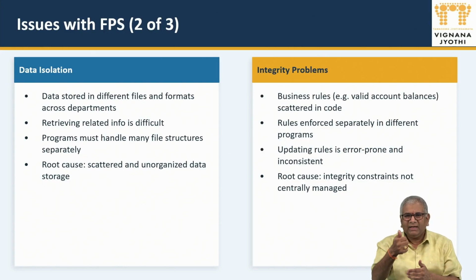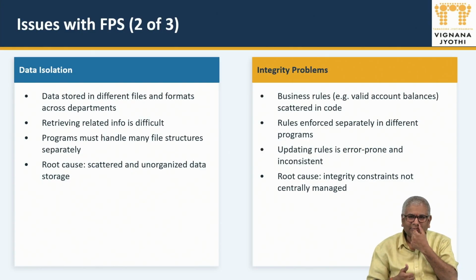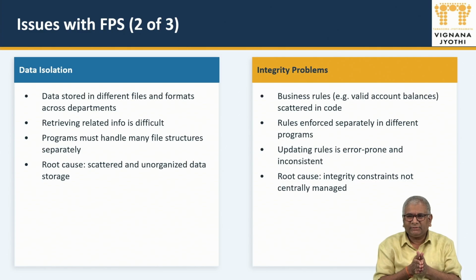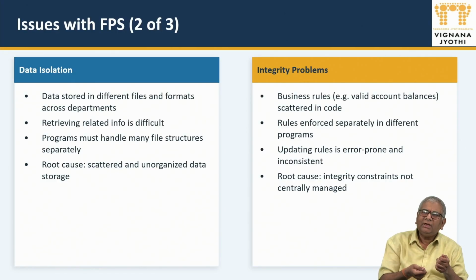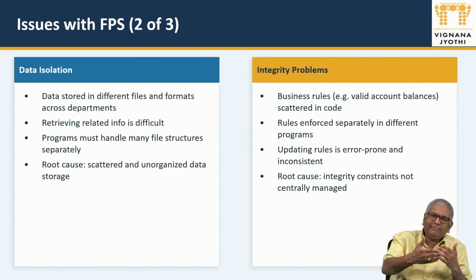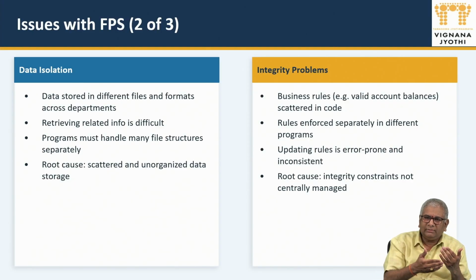That is another problem. The fourth problem is the integrity problem. If you want to incorporate business rules, yes, you can do that by writing programs, but every time there is a new business rule, you have to write code for it, and again if the rule changes, you have to update it. But programming is error prone, right? You write a program, you might end up breaking a previous rule.